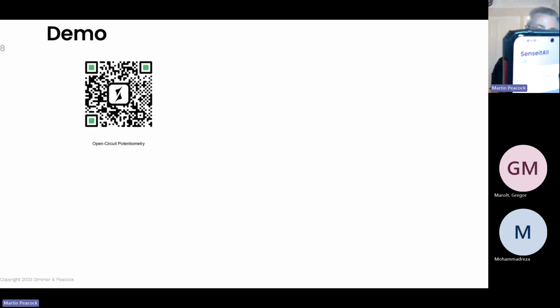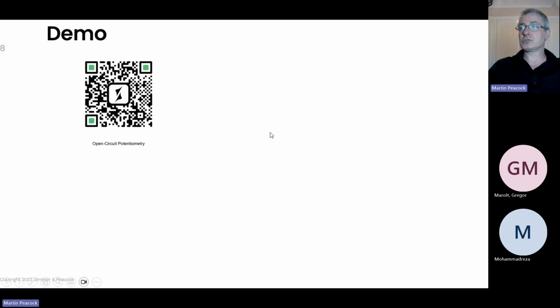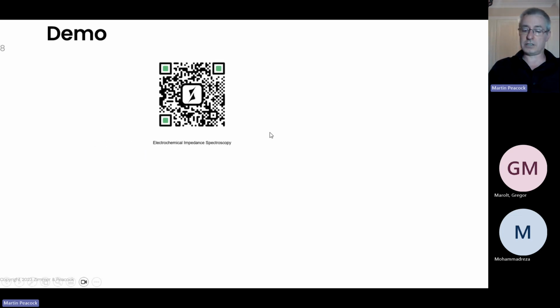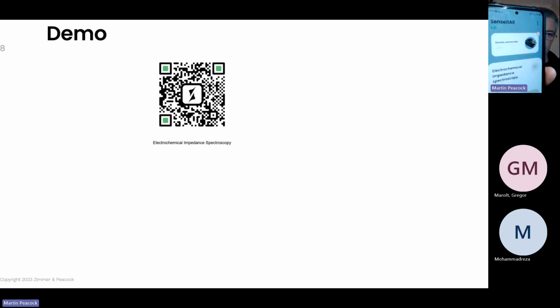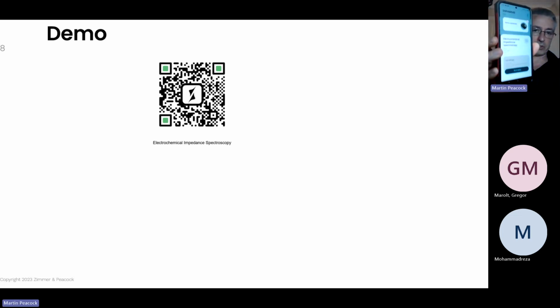In fact, it even says device connected at the top here. Another bit of the demonstration, I will scan this QR code, one of my favorites. Impedance spectroscopy, very powerful, because this little potentiostat here, which is in Bluetooth connection, is able to do impedance spectroscopy as well.